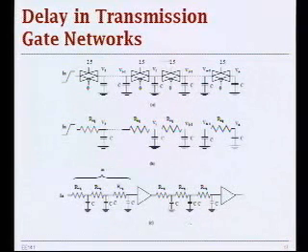Since the transmission gate's resistance is pretty much constant, we can model it as just some equivalent resistance with the capacitance to ground. So if I have a chain of transmission gates, I can model it as some sort of RC network and compute its delay.